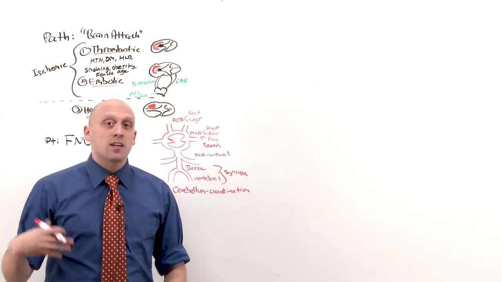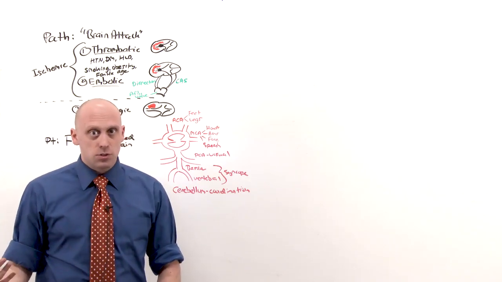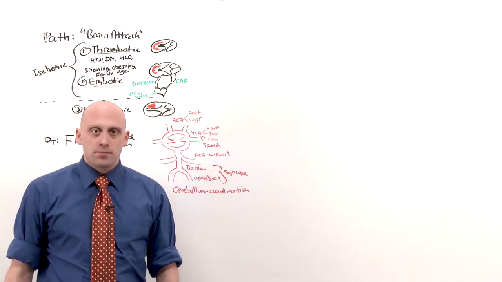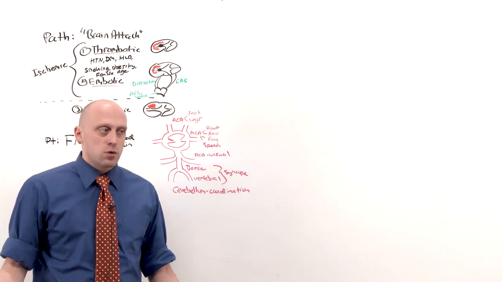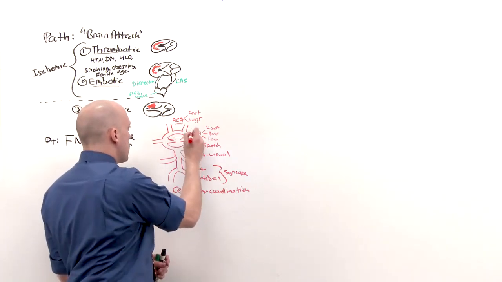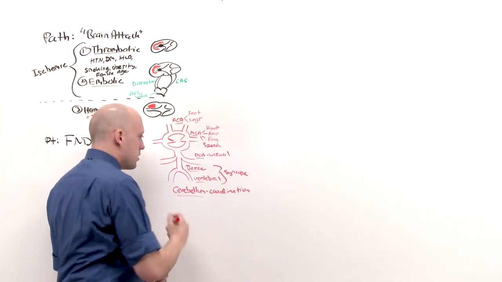Ataxia is a sign of a stroke of the cerebellum, and you may not be able to detect another lesion because the cortex would be intact until you walk them. Always walk your patients, unless they have complete paralysis of one leg, and then you know you can't actually walk them.